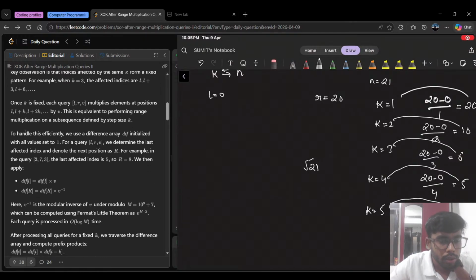Now, to handle this efficiently, we use a difference array, initialized with all values set to 1.